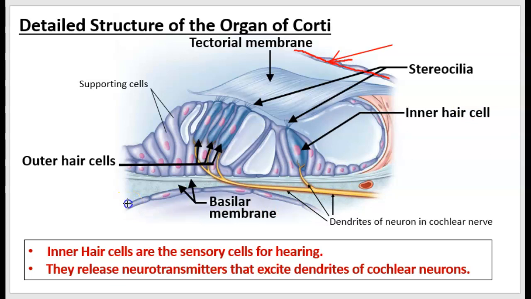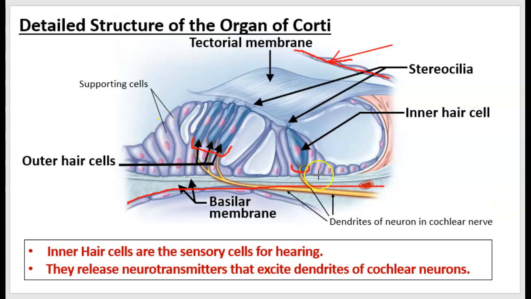And we have the basilar membrane sitting underneath the whole organ of Corti. Now, the organ of Corti is made up of rows of hair cells. There's three rows of hair cells. We call those the outer hair cells. And then there's one that's more medial, and we call that the inner hair cell.